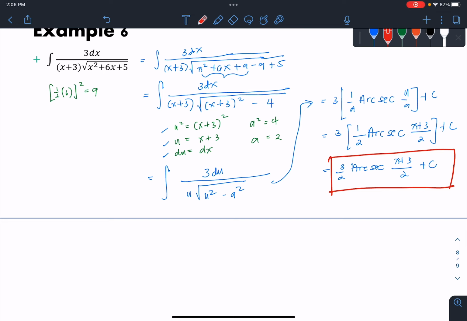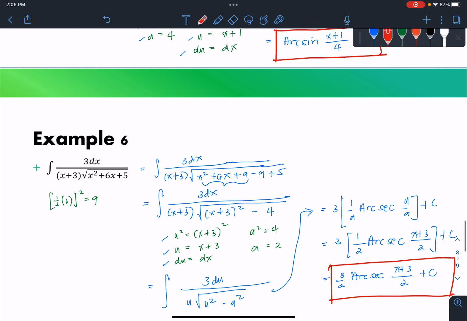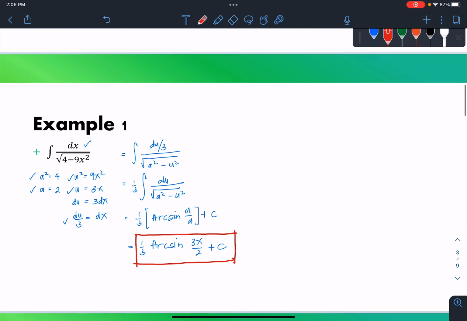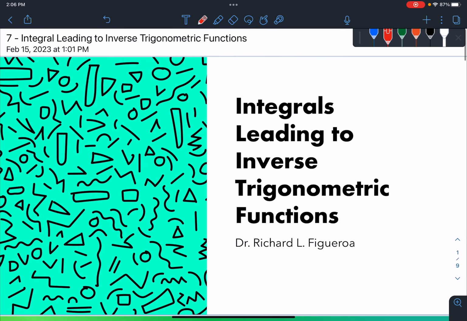It might need some additional techniques, which is beyond our topic right now. We'll try to find out how to solve those things once we proceed with other methods of integration. Okay, so far, these are the integrals leading to a format for inverse trigo functions. Good day.